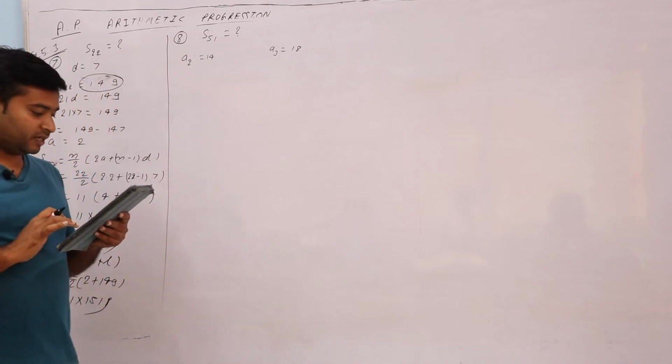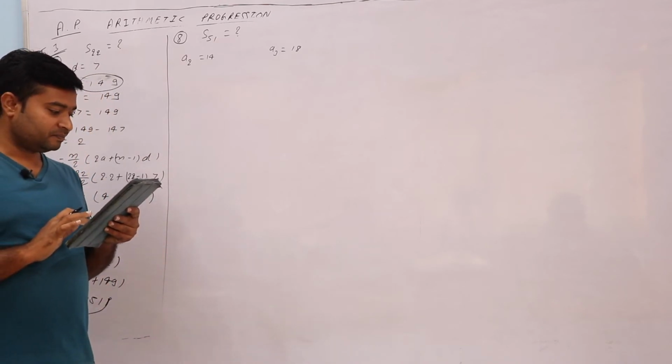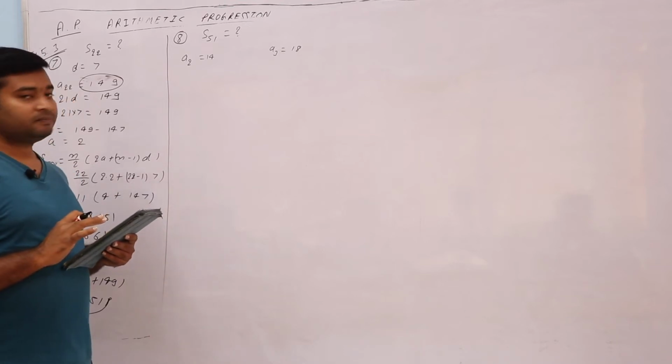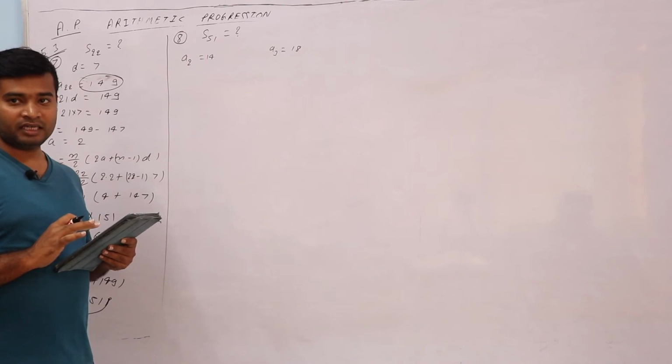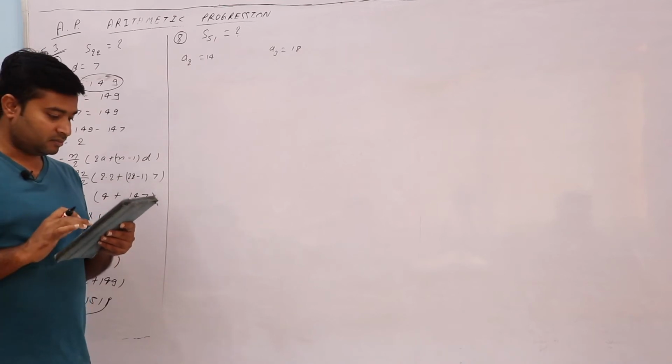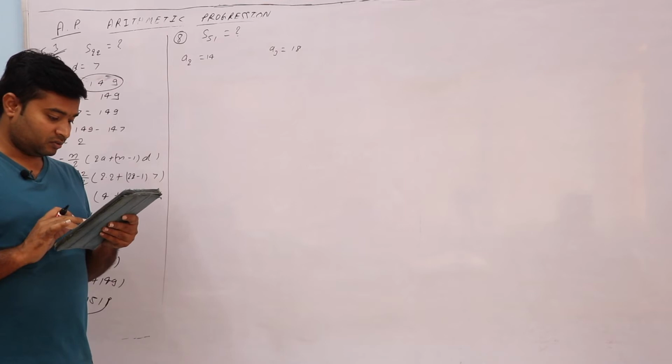If two terms are given, we are able to find A and D also. And the number of terms is given, 51. With that we should find the sum.